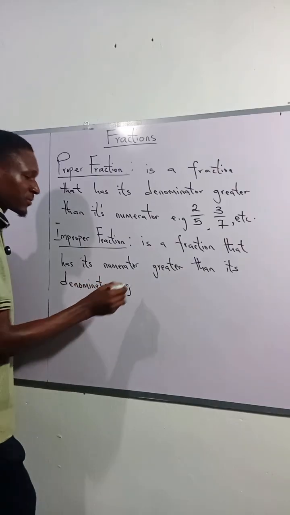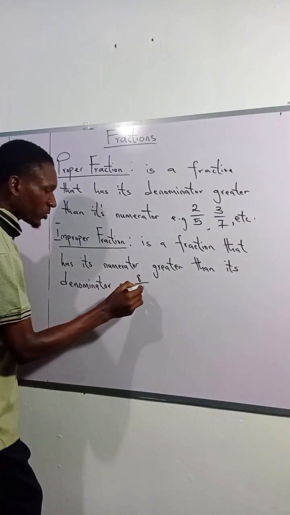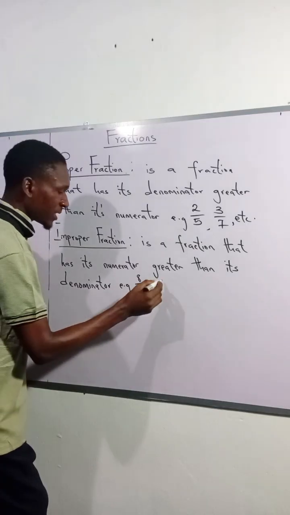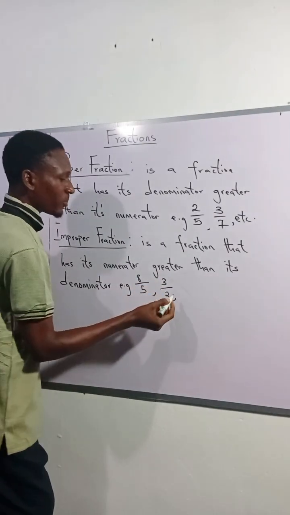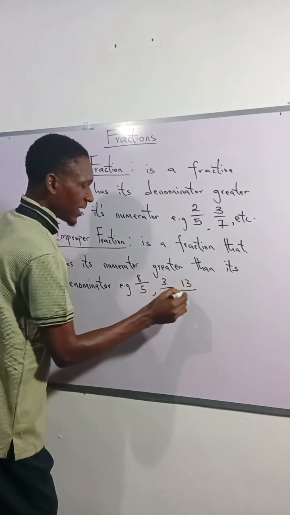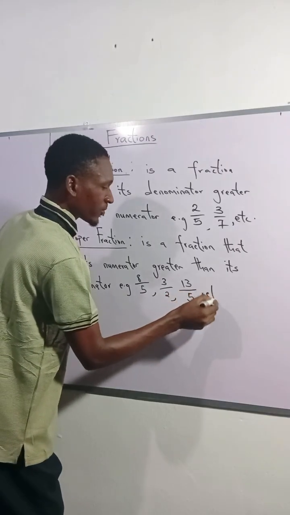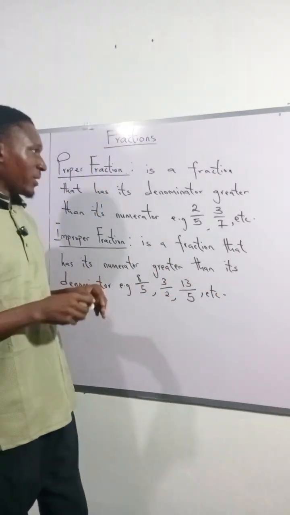For example, imagine trying to take 8 out of 5. This is improper. Imagine trying to take 3 out of 2, it is improper. Imagine trying to take 13 out of 5, it is improper. So these are examples of improper fractions.